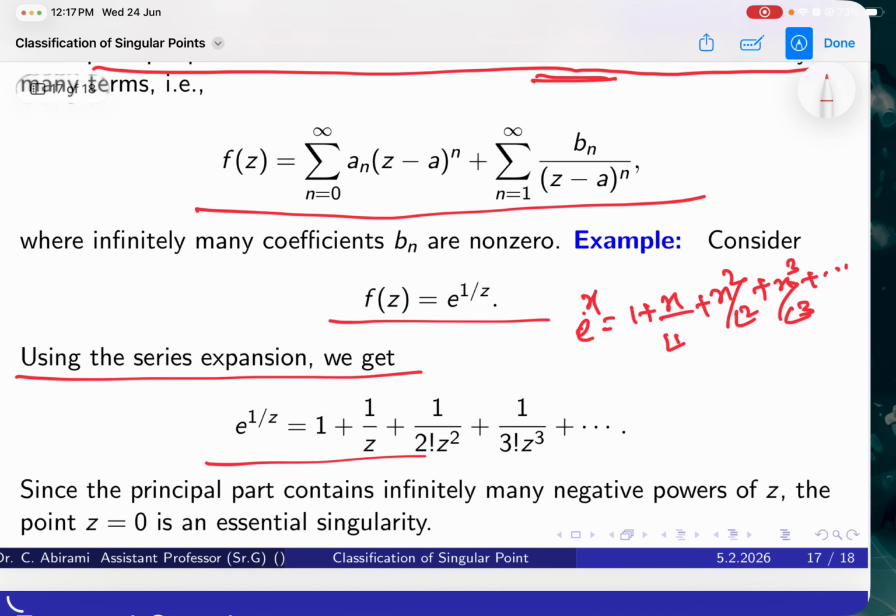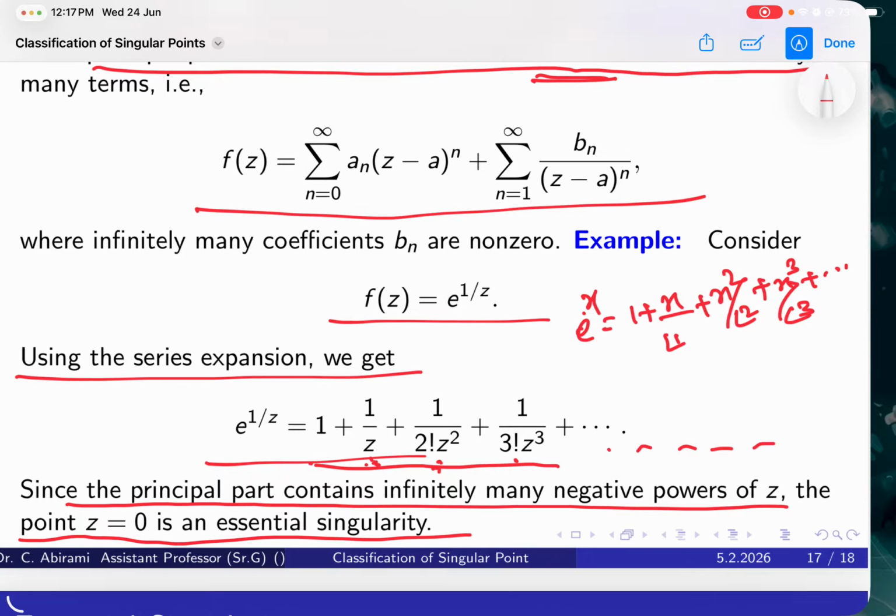In this expansion, the principal part does not contain any positive powers. It contains only an infinite number of negative powers of z: 1, 2, 3, and so on up to infinity. So it is not finite, it goes up to infinity. So the principal part contains infinitely many negative powers of z. Therefore, the point z equal to 0 is an essential singularity.